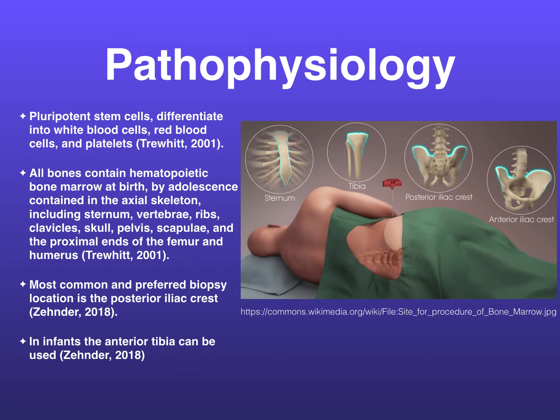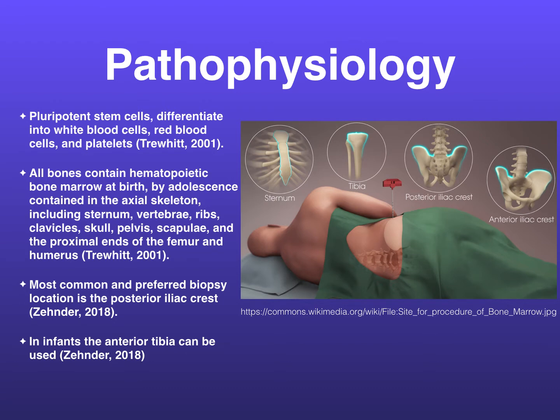So the most common site for a biopsy in adults and children is the posterior superior spine of the iliac crest, but the anterior iliac crest and the sternum can also be used if the patient for some reason is morbidly obese and can't get into the correct position, or if the site's been previously irradiated and would produce suboptimal specimen collection. Also, in infants under 18 months whose iliac bone has not completely ossified, the anterior tibia can be used.